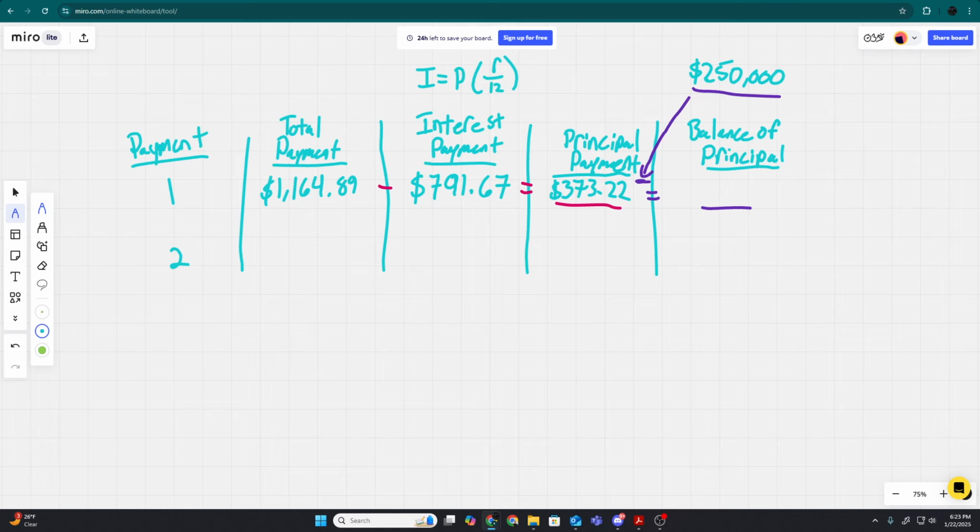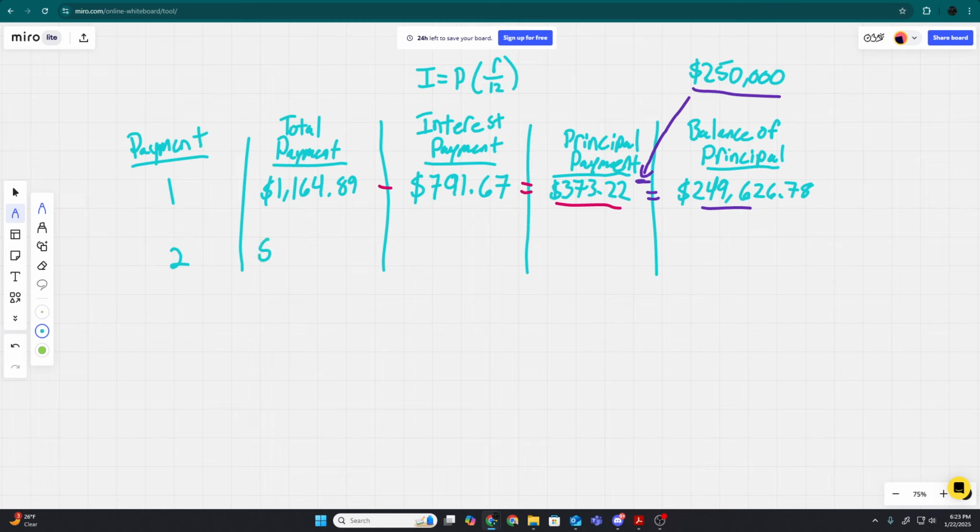So, if we owed $250,000, but we're technically paying off $373.22, the remaining balance will be $249,626.78. Okay? And this will be the remaining balance. That's only payment 1.